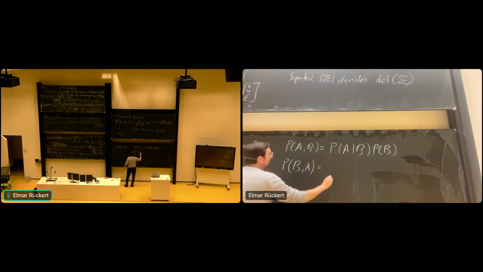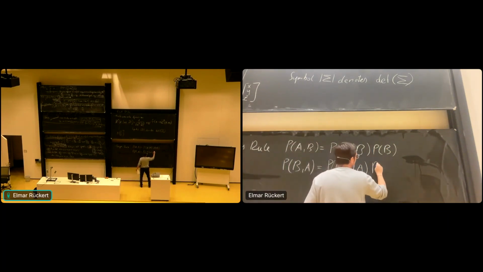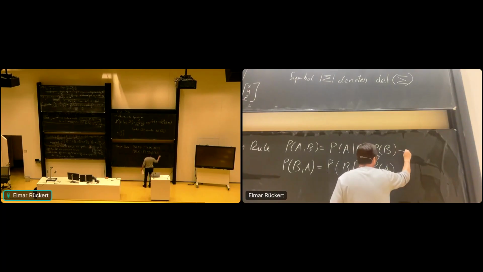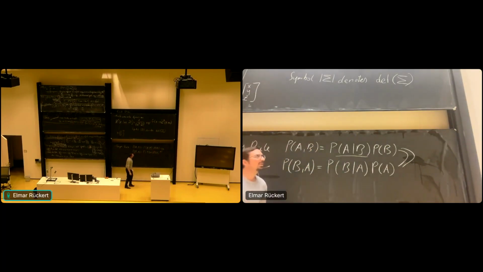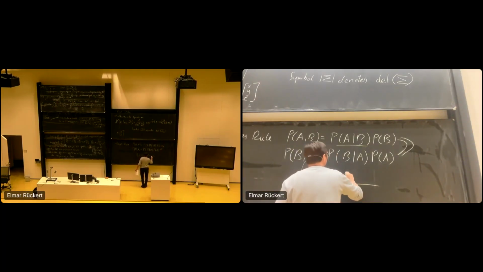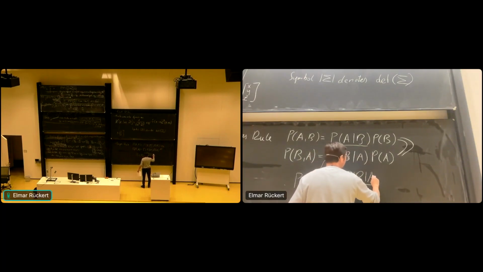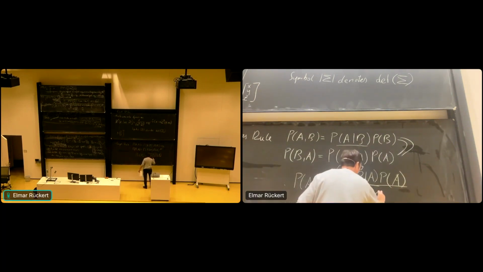So P of B given A is the probability of P of B given A times P of A. Now these two things are equal. Using this definition, with some rearrangement, I can compute now the conditional of P of A given B is given by P of B given A times P of A divided by P of B.